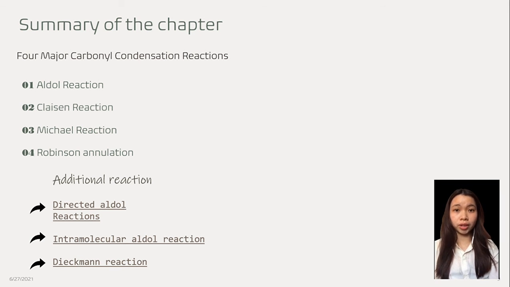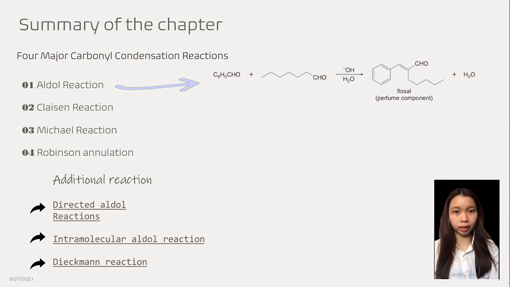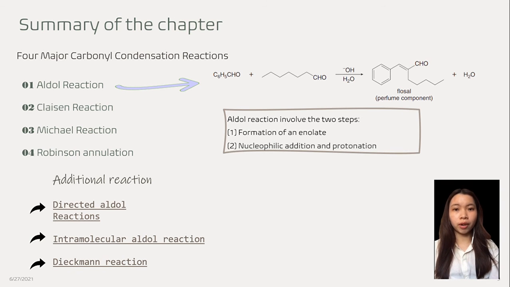Specifically for aldol reaction, we take the formation of flosal as an example, where we learn about its reaction conditions that involve a base as catalyst, and a mechanism that involves two steps, where the first step involves the formation of enolate, then continues with nucleophilic addition and protonation.